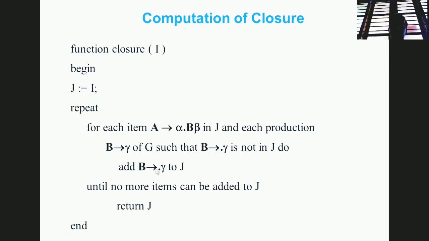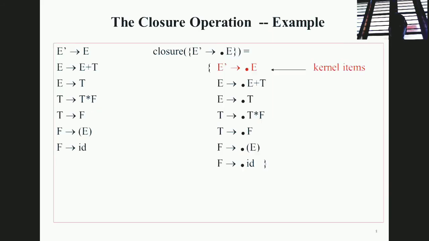If gamma is again a non-terminal symbol, we repeat the same thing. We keep on adding elements until no more elements can be added into this particular J. That's why it is called the closure of this item set.